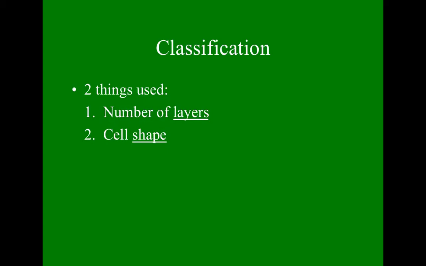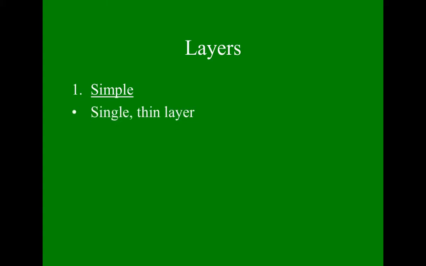So let's talk about the words that are used for these classifications. When we look at layers, the first option is simple. When we talk about something being simple, we talk about it being a single thin layer of cells.